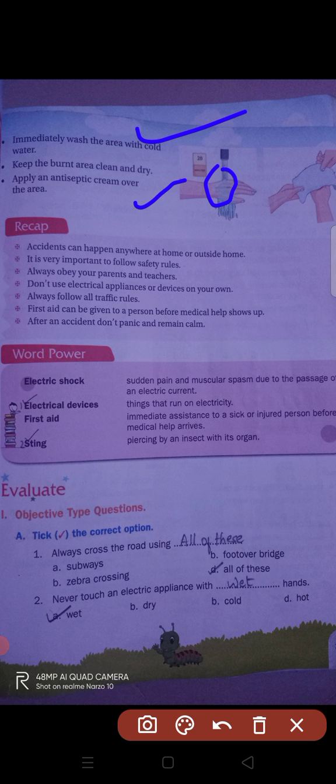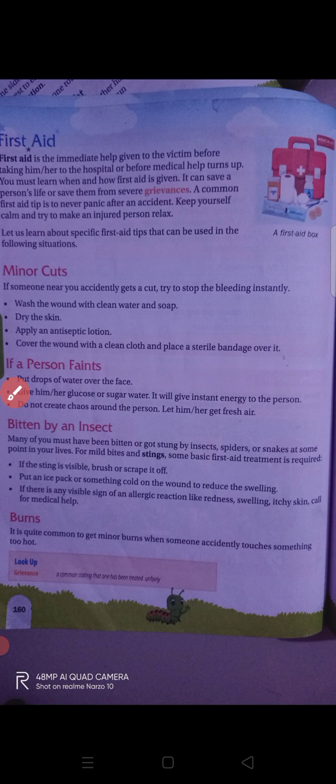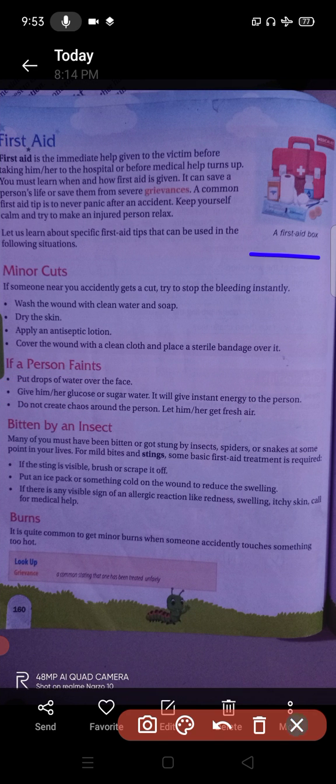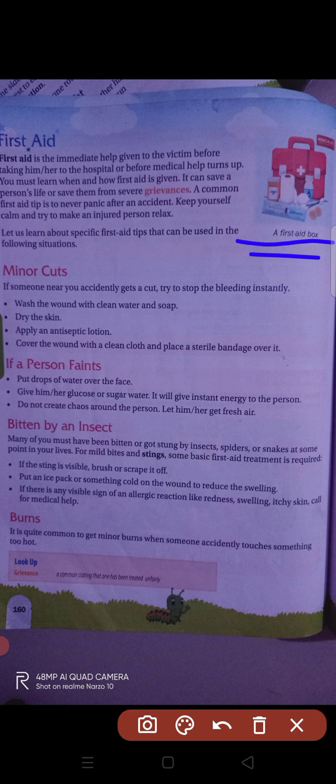Yes, next is the first aid box. We have seen that first aid box in this picture, right? So what is a first aid box? A first aid box is nothing but the box containing all the things which are very useful to give first aid to an injured person.